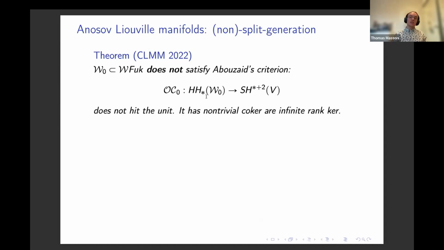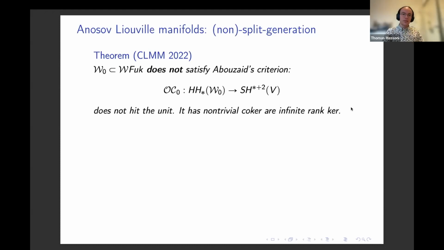So Abouzaid's criterion says that if it hits the unit, then this orbit category would split-generate the wrapped Fukaya category, but here it fails. And moreover, this open-closed map has a non-trivial cokernel and infinite rank kernel. And it's a theorem of Ganatra that says that when Abouzaid's criterion is satisfied, the open-closed map is an isomorphism, but here it's very far from being an isomorphism.